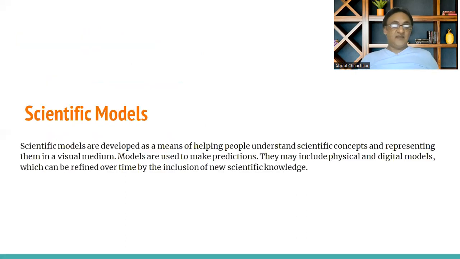Scientific models are developed as a means of helping people understand scientific concepts and representing them in a visual medium. If you see the atomic model, that's a visual model. There are many models like these. They help you understand the connection, the representation, and the purpose of the representation for these models. So if you are a science teacher, go through the book and check, for example, the atomic model.